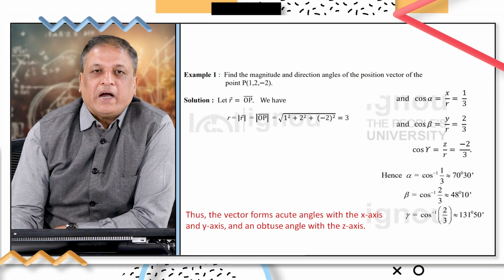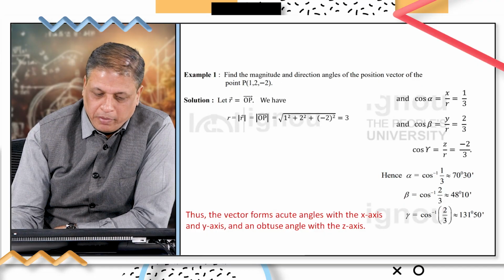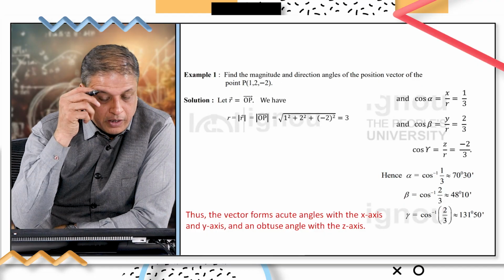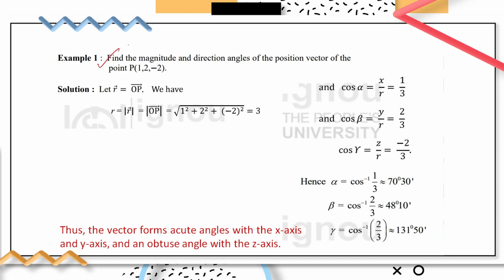So, in order to have better understanding, let's solve some numerical. Now, over here the question is: find the magnitude and direction angles of the position vector of the point 1, 2, minus 2. So, point P which is given to us is 1, 2, minus 2. So, if we say it is vector OP, for the sake of understanding, say we are having a three-dimensional system, we are having some point P, and this is x1, y1, z1.